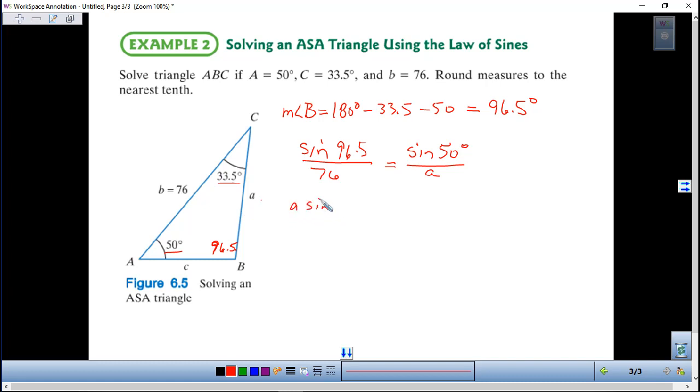A times the sine of 96.5 is equal to 76 times the sine of 50. And then we'll divide both sides by the sine of 96.5 to find out that A is equal to 58.6.